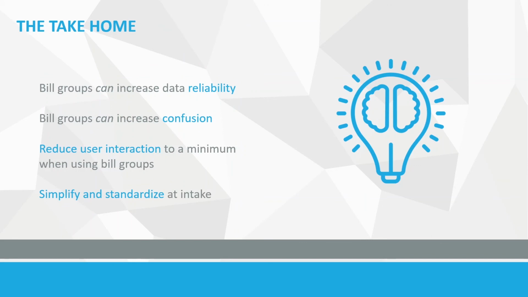The take home around all of this is that bill groups, when used appropriately, can and do increase data reuse and data reliability. However, because they are deeply rooted in billing data and in accounting data, these can be very confusing to people who are performing data entry for matter intake.